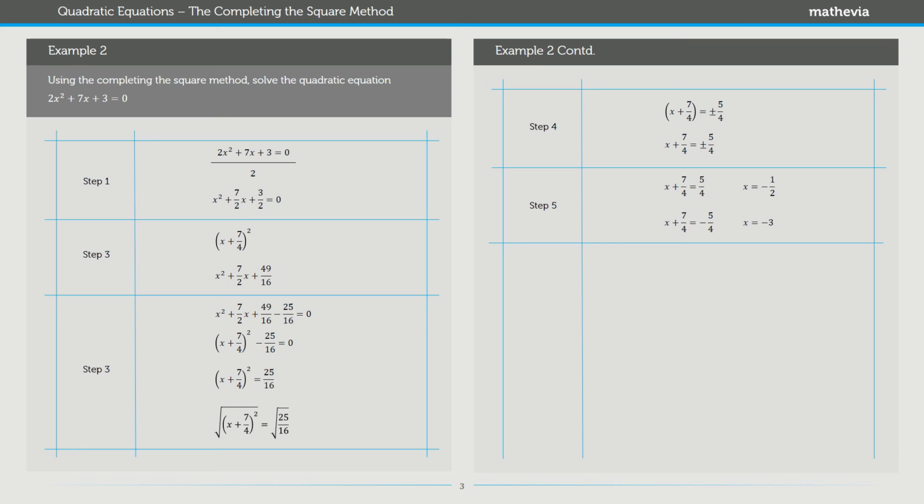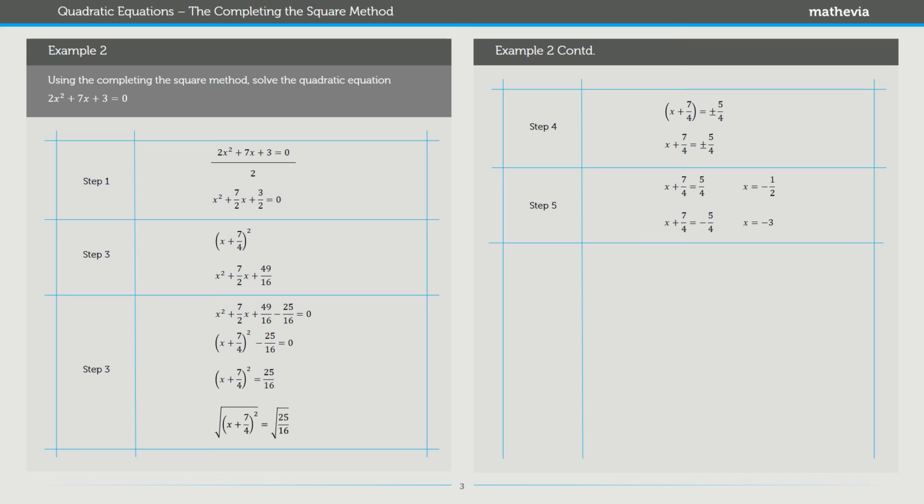Okay, and then you have a simple straightforward linear equation: x plus 7 over 4 equals plus or minus 5 over 4. And for this last step, I really love this step because at this point you're pretty much done.